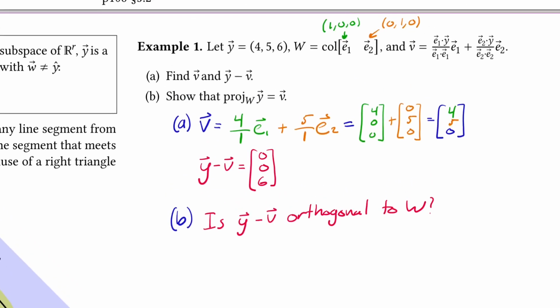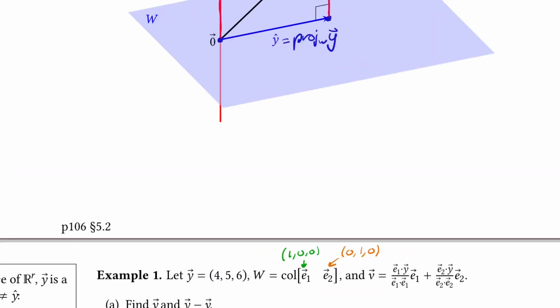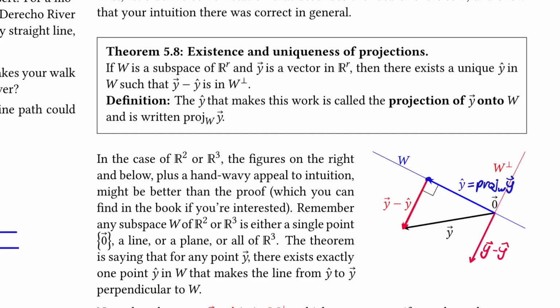But let's check that, because we want to see, is y minus v orthogonal to W? Because what it means for v to be the projection onto W of y is that v is the unique vector in W that makes it so y minus v is orthogonal to the subspace W. That's what the definition is.